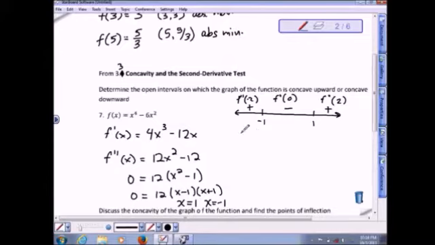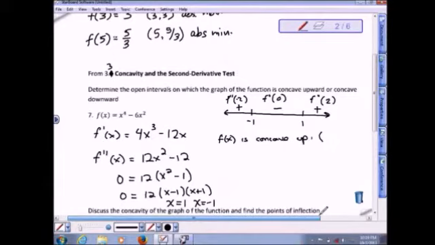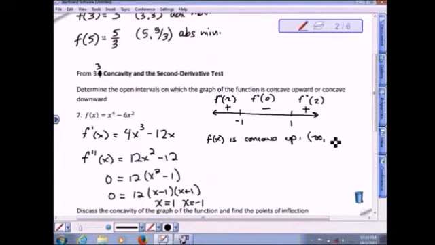So f of x is concave up on the interval negative infinity to negative 1, and there's also another interval here, union 1 to infinity. And f of x is concave down on the interval negative 1 to 1.